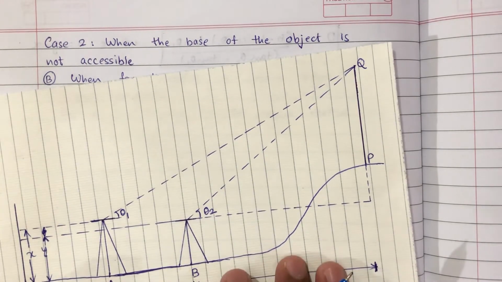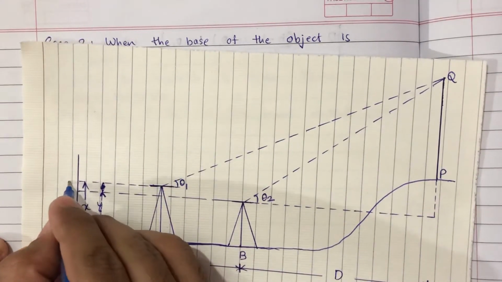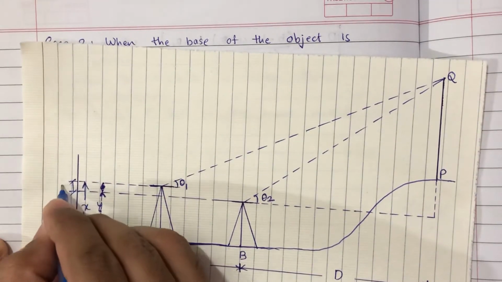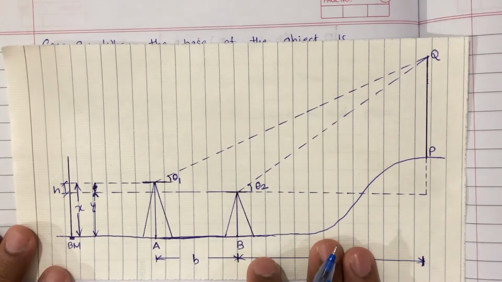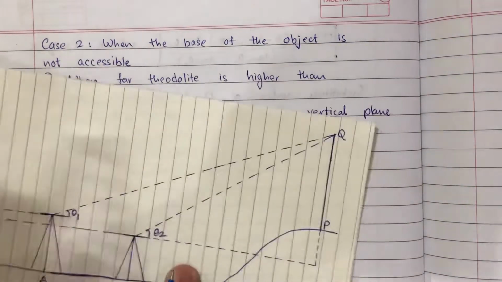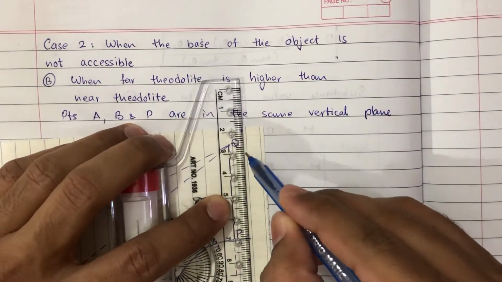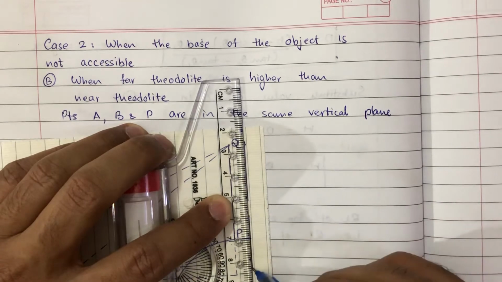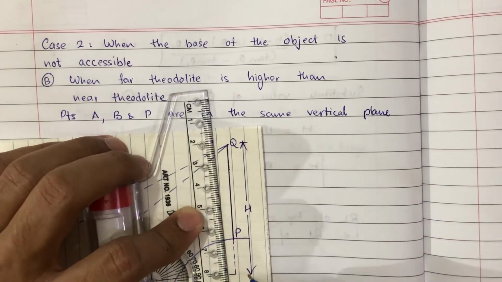Now let the difference between the backside readings be given as this height h. This height is given as the difference between the backside readings. Also let this total height be equal to capital H.